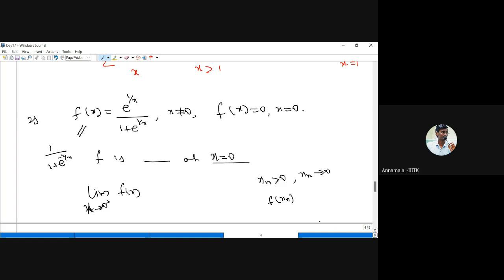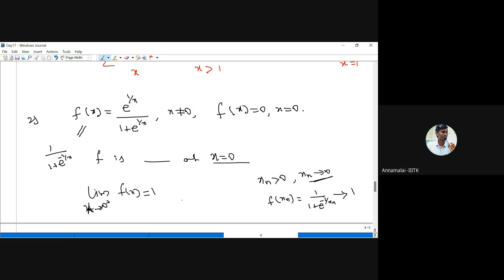All the xn are non-zero, therefore f of xn is 1 by 1 plus e power minus 1 by xn. This converges to 1, because xn goes to 0, 1 by xn goes to infinity, and e power minus infinity approaches 0. Therefore the right hand limit is 1.